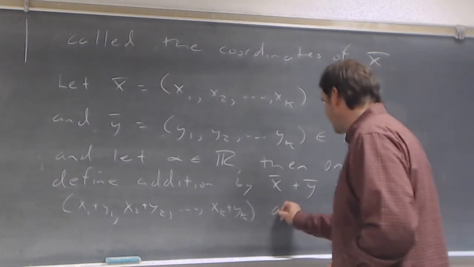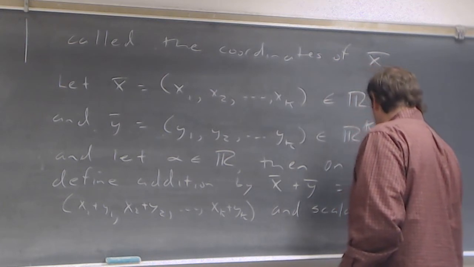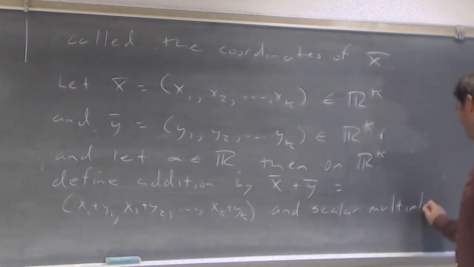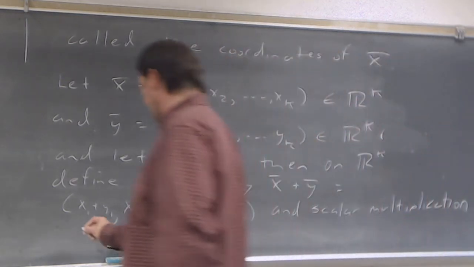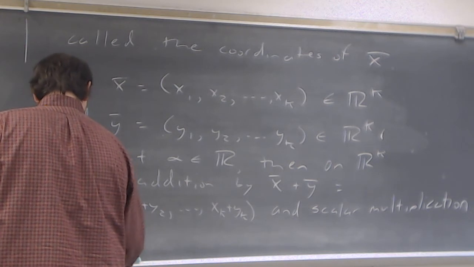And scalar multiplication. Okay, so here you take alpha, some real number, times x bar.